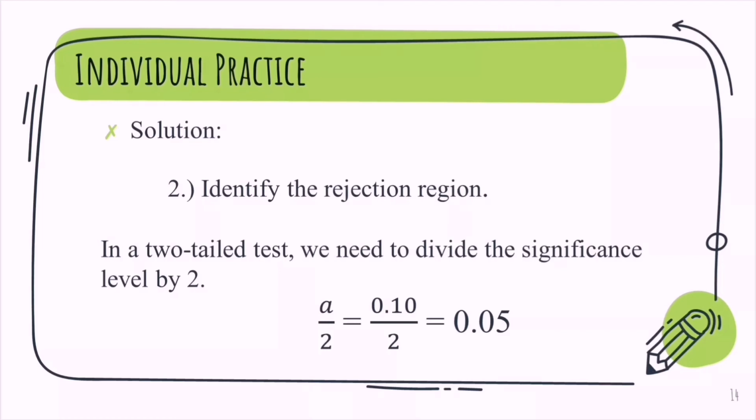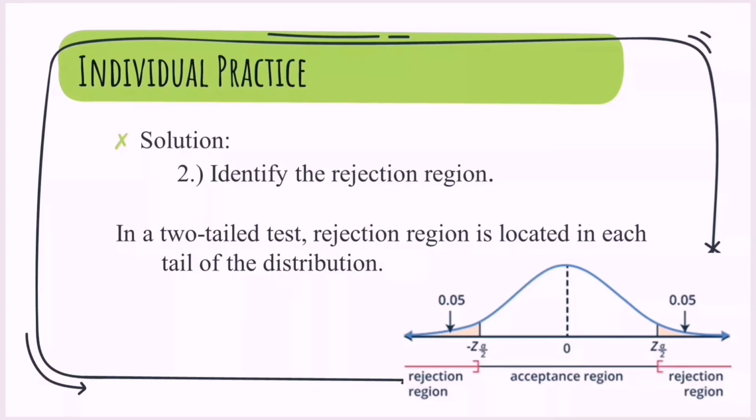Because it is a two-tailed test, we will divide it by 2. So alpha over 2, or 0.10 over 2, is equal to 0.05. Now let us construct the normal curve. As you can see, there are two rejection regions.